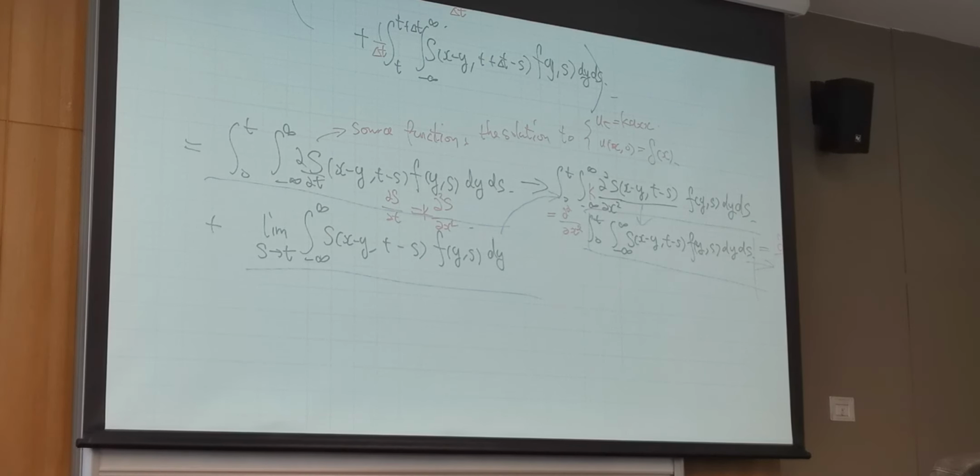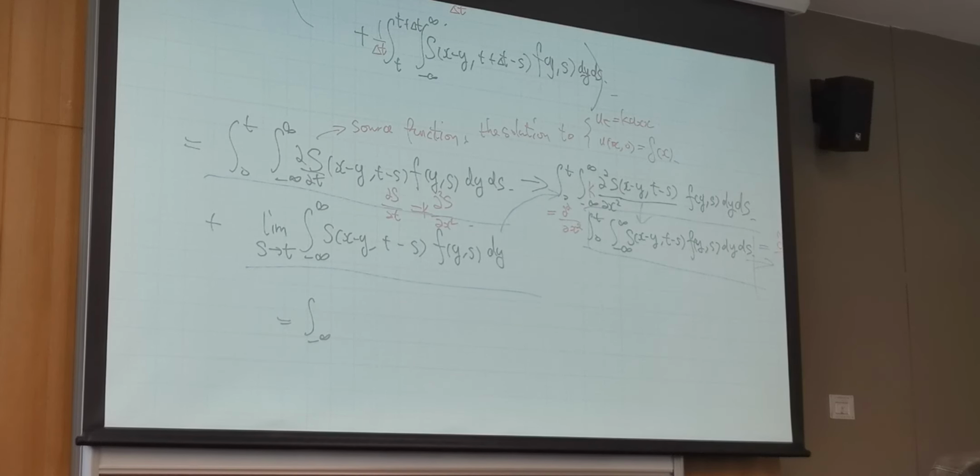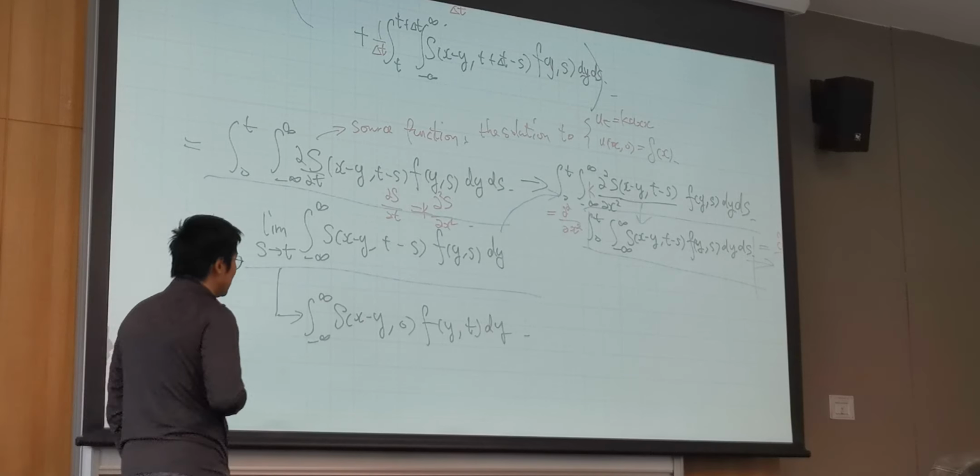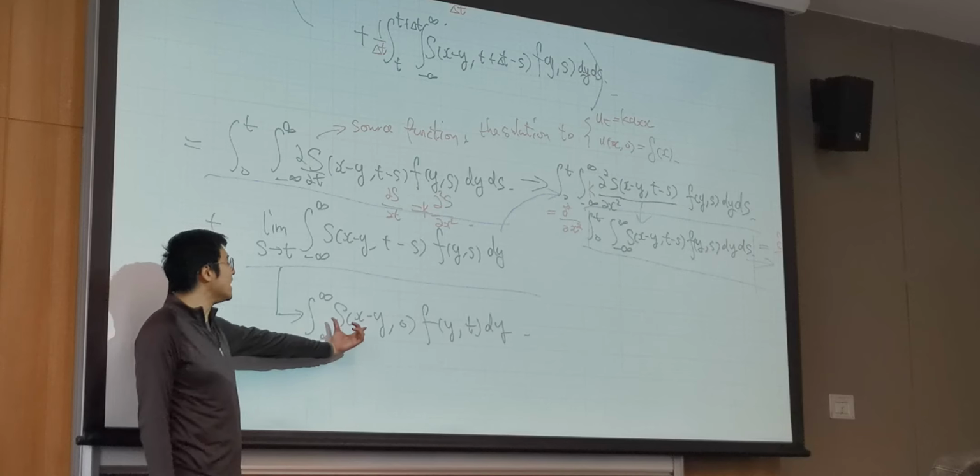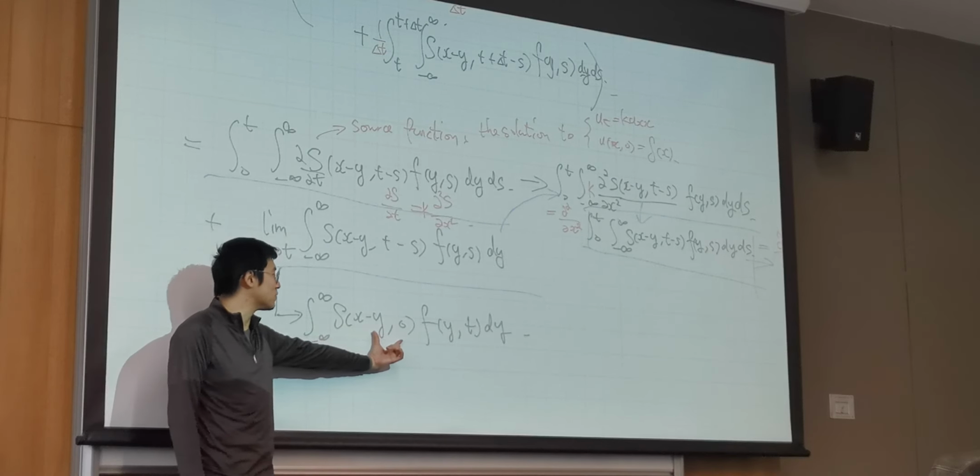Which means I'm actually talking about something like the integral from negative infinity to positive infinity of s x minus y 0, and f y t, dy. Oh, sorry, t, you're right. Because s is simply replaced by t, right?